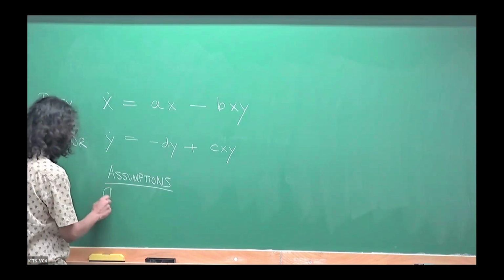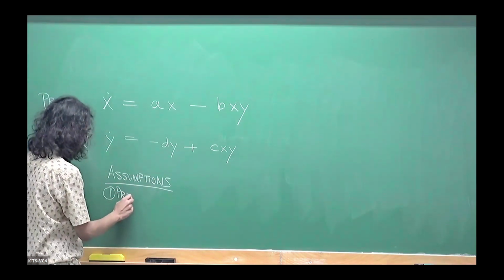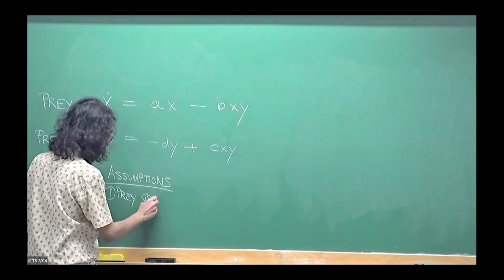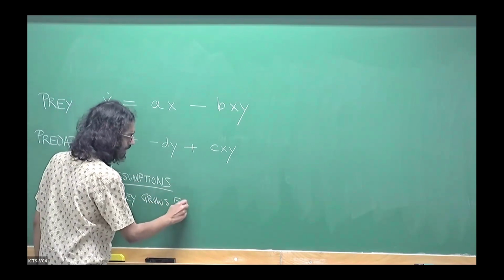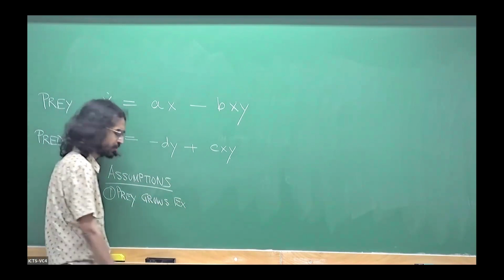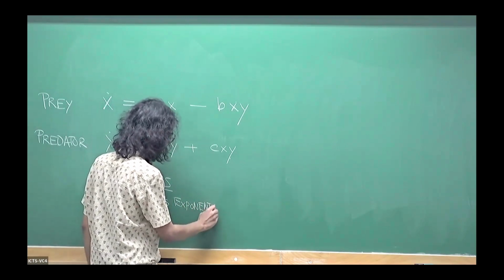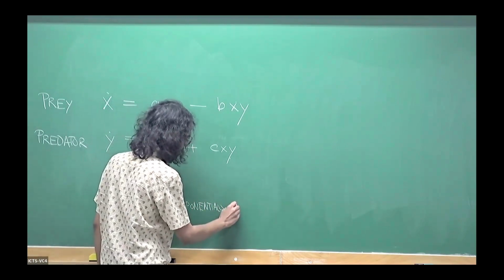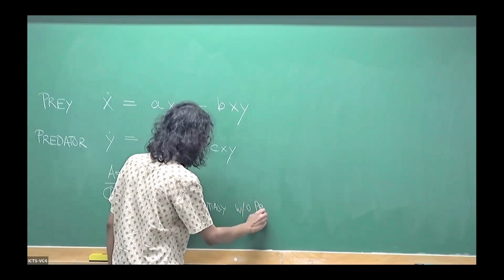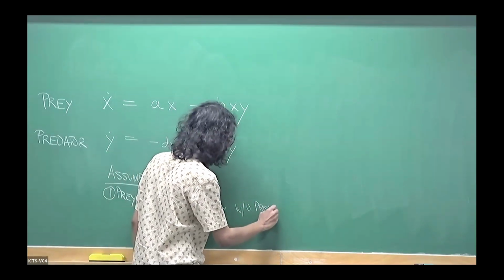Right, so the prey grows exponentially in the absence of the predator. And this we discussed last class, that this could be not such a great thing.